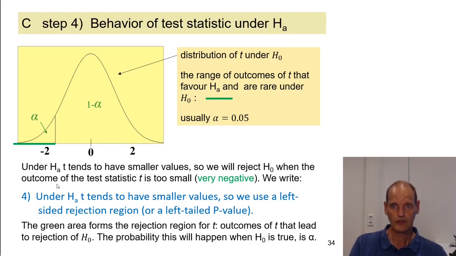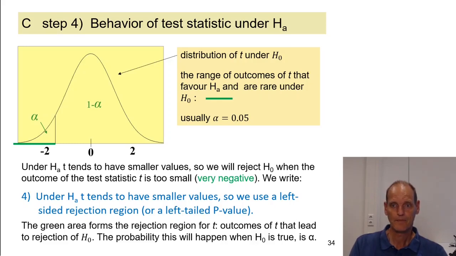So we reject the null hypothesis when the outcome of the test statistic is very small. So under step 4 we write under HA, t tends to have smaller values, so we use a left-sided rejection region or a left-tailed p-value. Well, this latter part could also be part of step 5 actually.